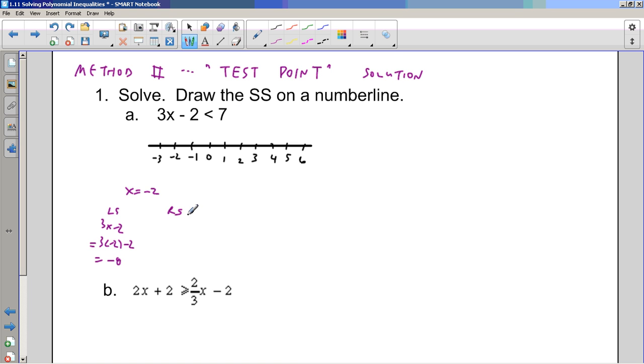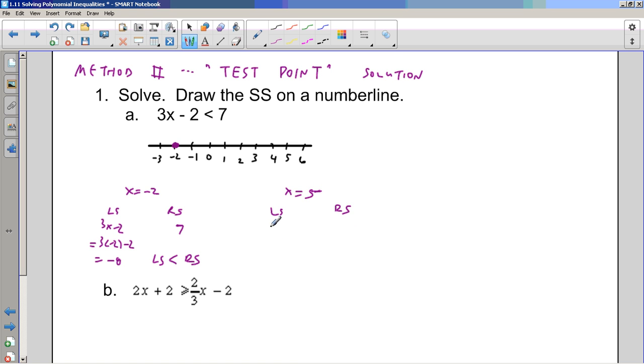The right side is just 7, and the question is, is the left side less than the right side? Because we're interested in less than. Is the left side less than the right side? It is. So that means -2 must be a solution to our inequality. Now let's try a different point. Let's try x equals 5 and do a left side, right side, and see if x equals 5 is a solution.